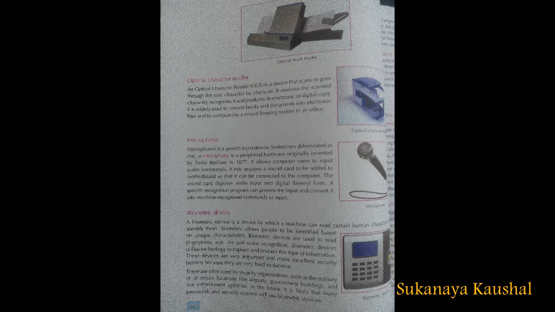So it is going to read the unique identification of a particular person. It is basically used for security purposes, in military areas, or at secure locations like airports, government buildings, and law enforcement agencies.